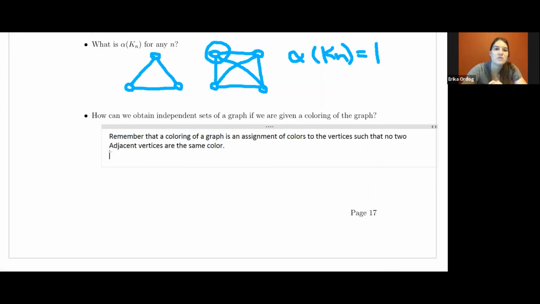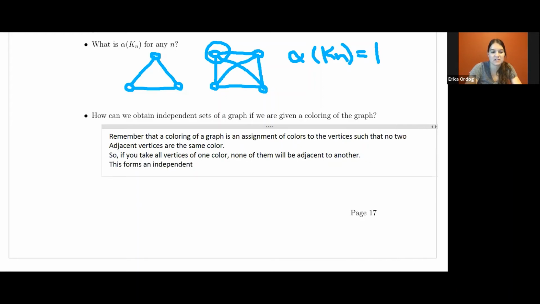So what happens if you pick one of the colors that you chose for your vertices and you look at all of the vertices that are that color? Will any of them be adjacent to each other? Well, the answer is no by the definition of a coloring, right? No two vertices that are adjacent can be the same color. So if you take all vertices of one color, none of them will be adjacent to another.